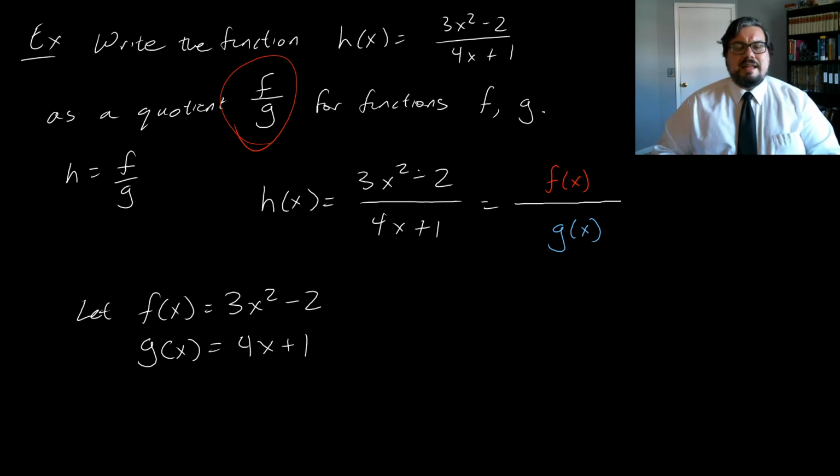Now, as I said, there's not always a unique way of doing this. In this case, one way of doing it really sort of leaps out at us. But let's look at another example where there are lots of different ways of breaking up the function, and it's not obvious which way we should do it.